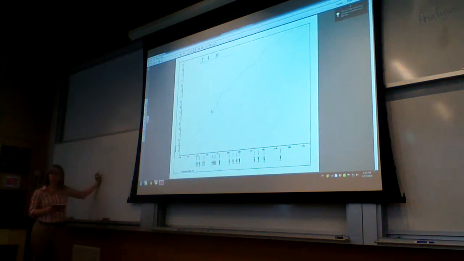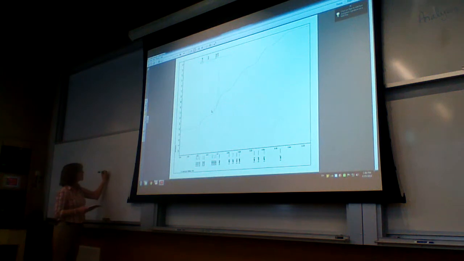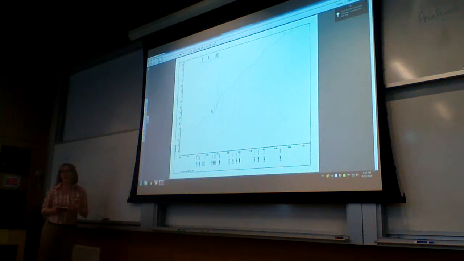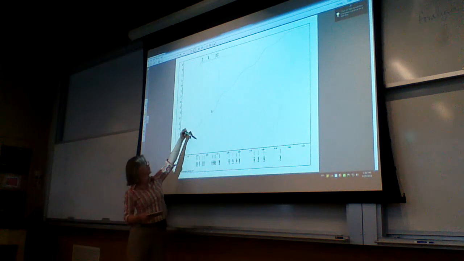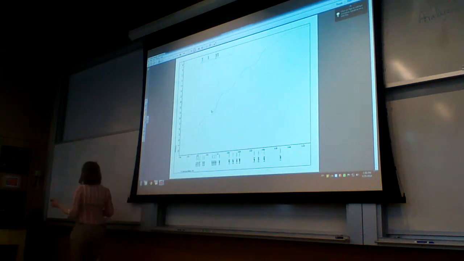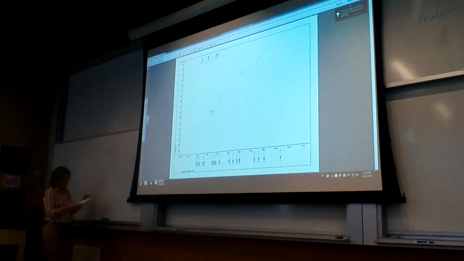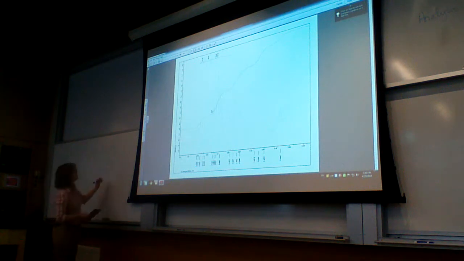Although if you take 12.82 and divide it by 2, it equals 6.41. And that makes sense because there's 2 protons on B, and so each of them is going to split it by 6.41. We see this as a triplet here, and that makes sense. And then the other coupling constant is the 14.20.